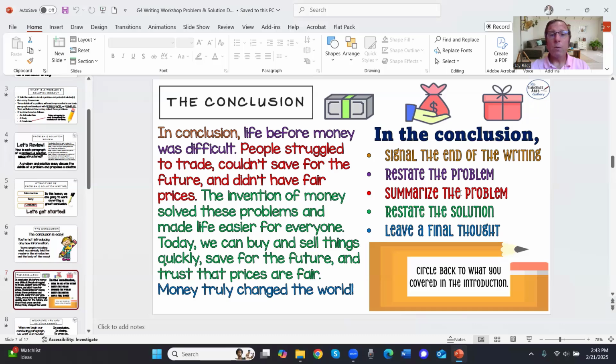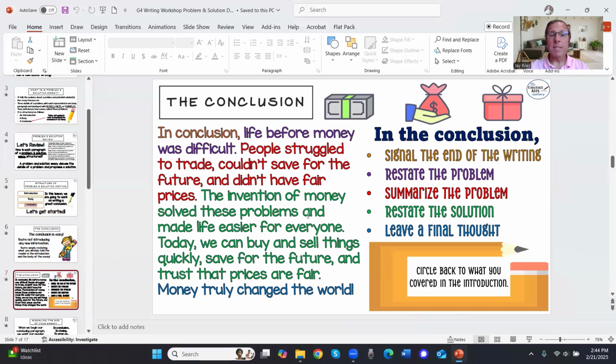Then in red, we're going to summarize the problem. This is where we're telling our audience the 3 big points that we talked about in each body paragraph. People struggled to trade, they couldn't save for the future, and they didn't have fair prices. Then we're going to restate the solution, which was money.